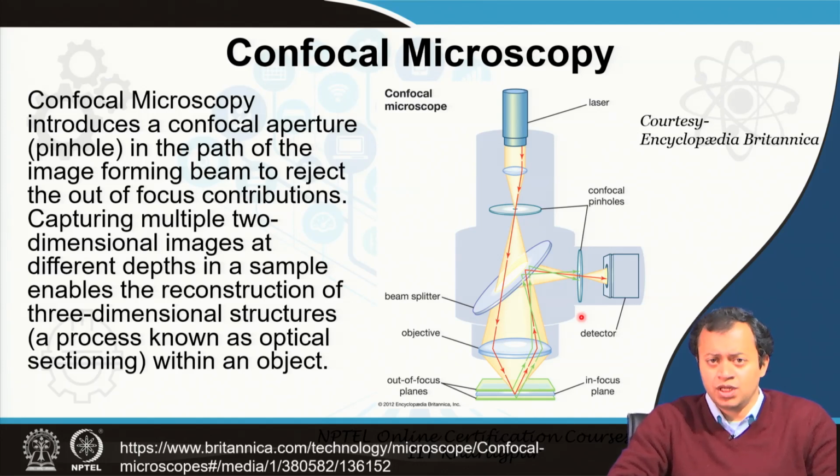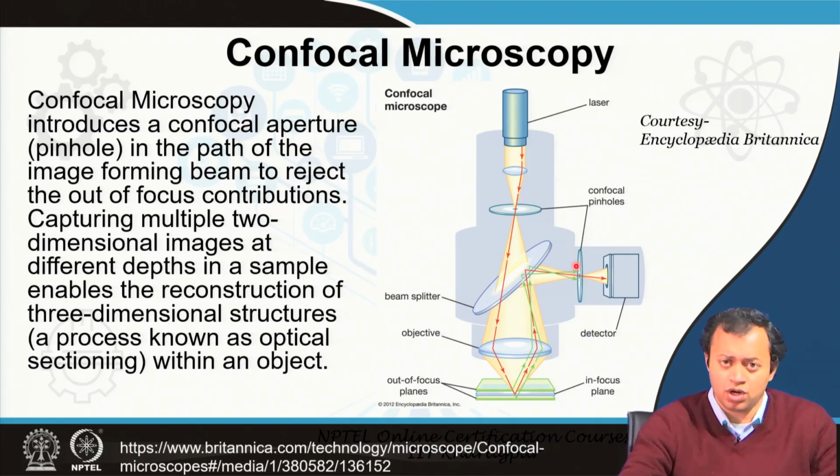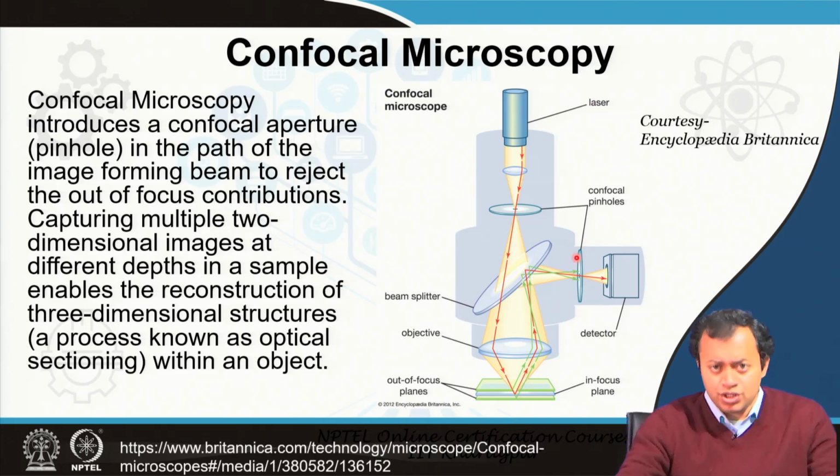At the end of the day, what we need is signal to noise ratio. The light that is focused is signal, the light that is defocused is noise. So when you have reduced the defocused light, you have automatically increased the signal to noise ratio. That is the overall point.